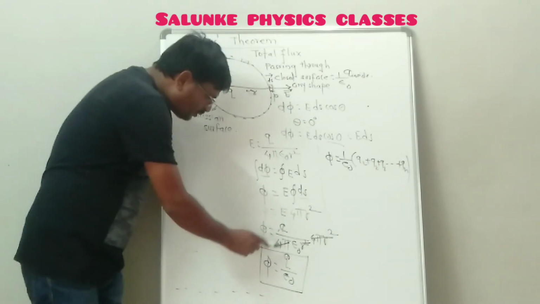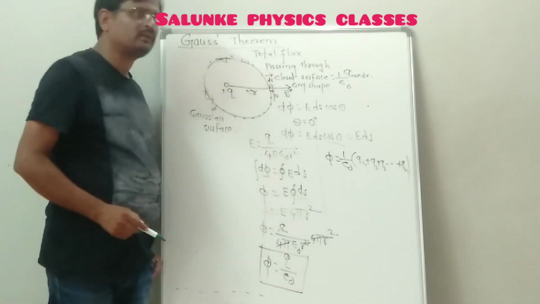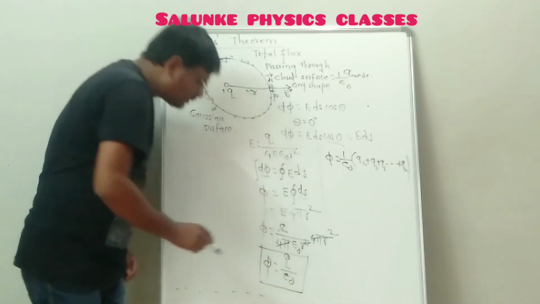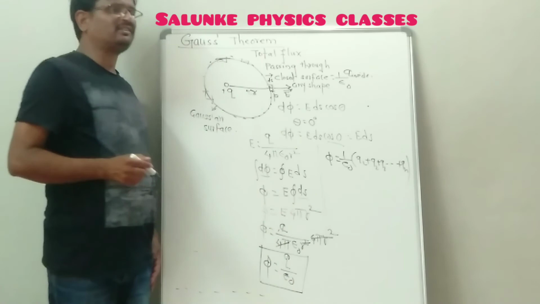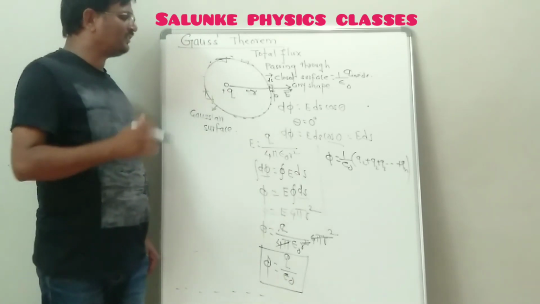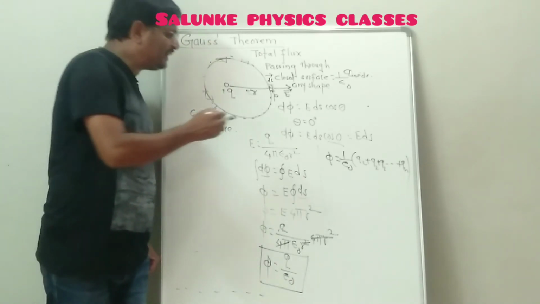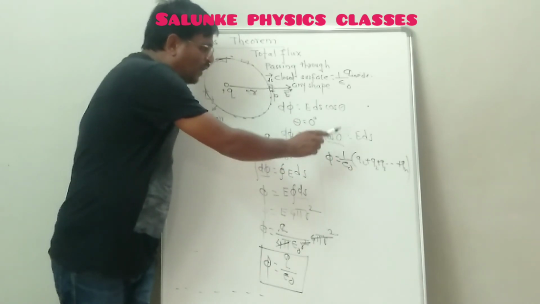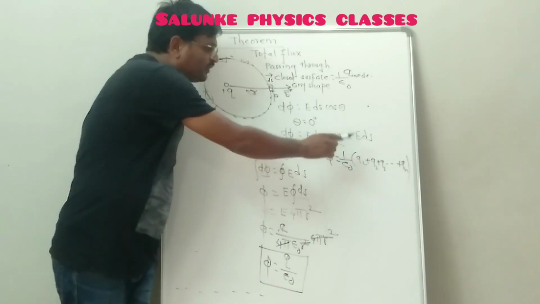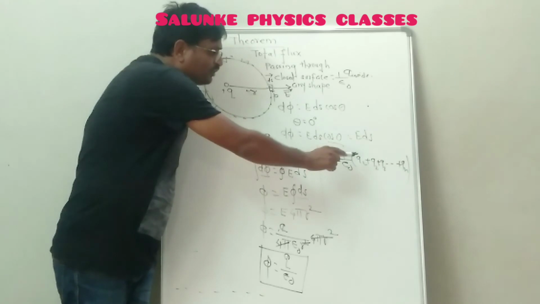So phi is equal to q upon epsilon naught. This is the Gauss theorem which holds for the single charge. If there are n charges, then Gauss theorem can be written as phi is equal to 1 upon epsilon naught times q1 plus q2 plus q3 up to qn.